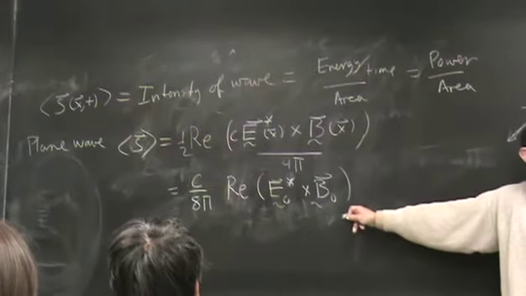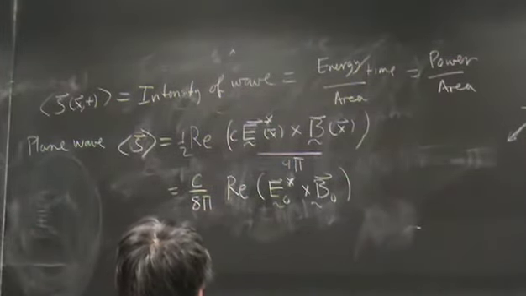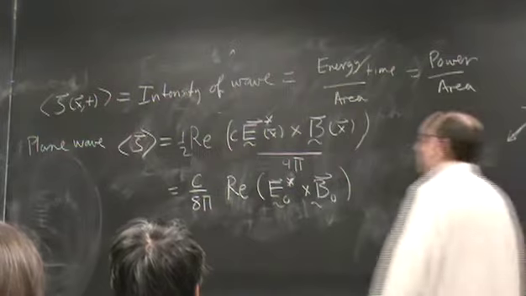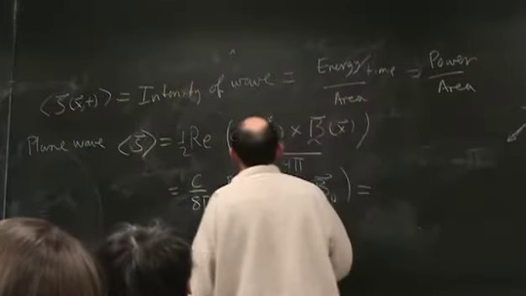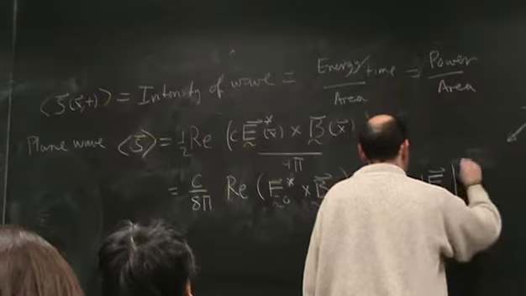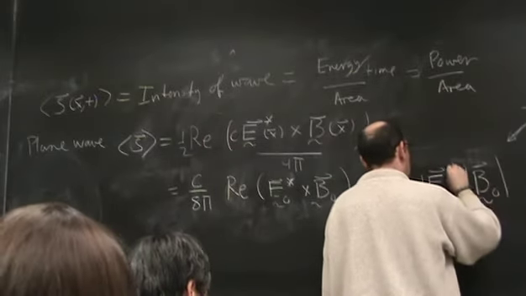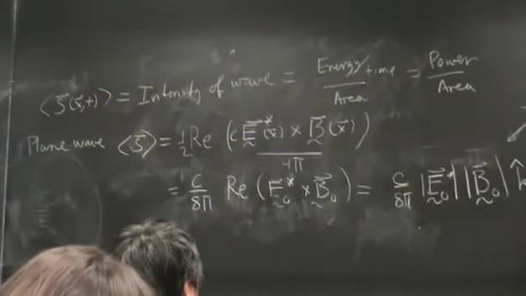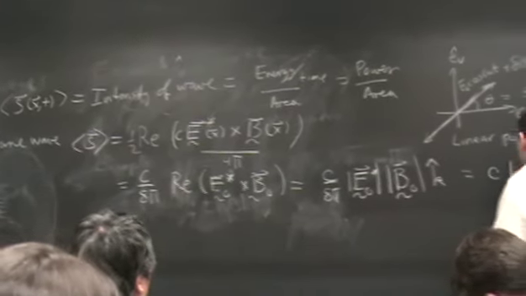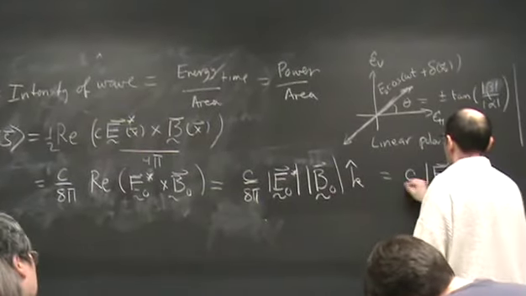What is this equal to? Well, the direction of E cross B is the k-hat direction, right? And so for a plane wave, since these are equal in magnitude and perpendicular to one another, the cross product is the magnitude of E tilde times the magnitude of B tilde, times k-hat. And the magnitudes are equal, so this is equal to c times E0 squared over 8 pi in the k-hat direction.